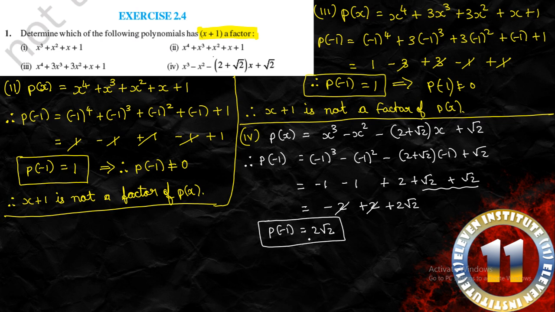So again we can see that this is not equal to 0, so we can write therefore p of minus 1 is not equal to 0, and if that is not equal to 0, we may write over here that x plus 1 is not a factor of px.